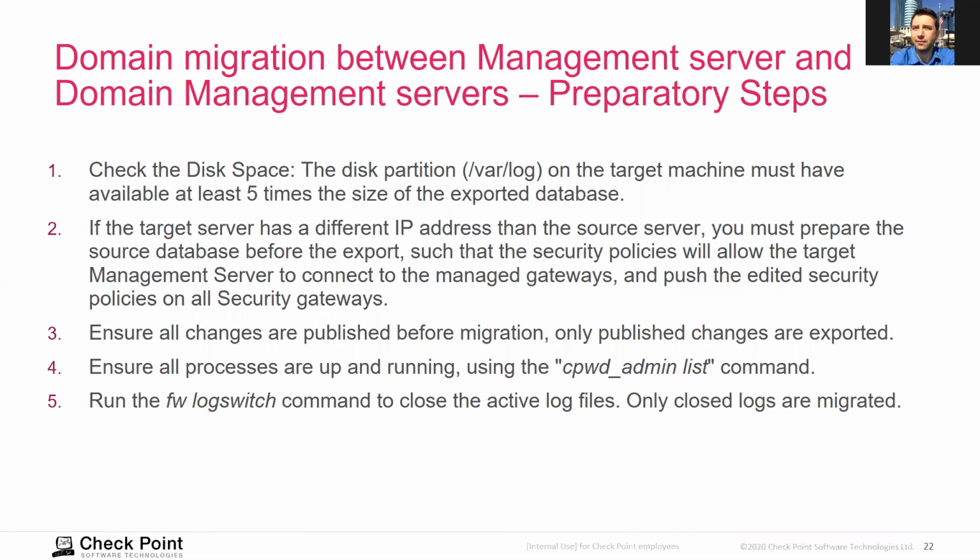And perhaps this is the most likely scenario: if the target server is going to have a different IP address than the source server, you have to ensure that the firewalls have a rule that will allow access from the new management IP. So you have to accommodate the rule base with that.